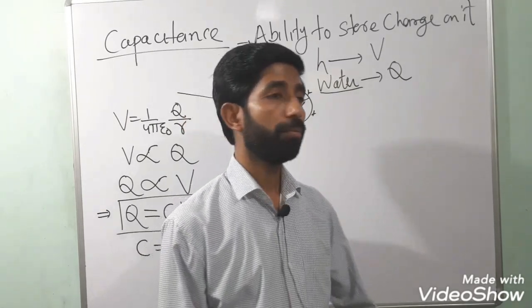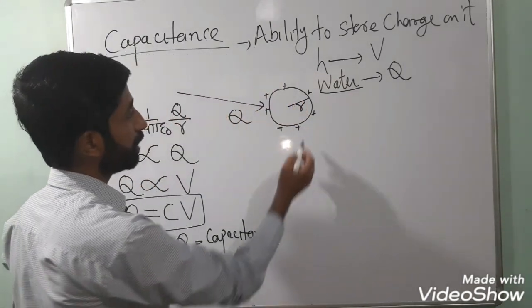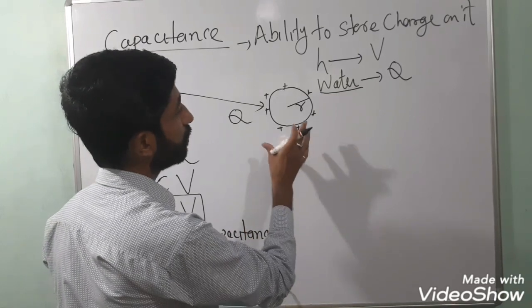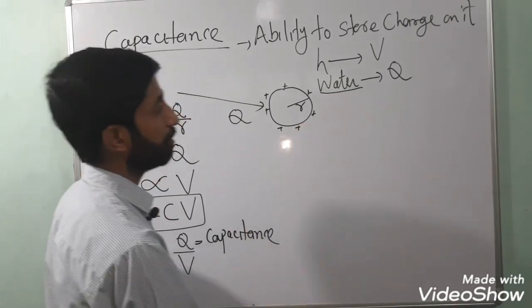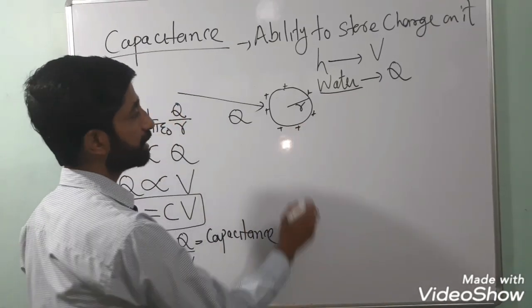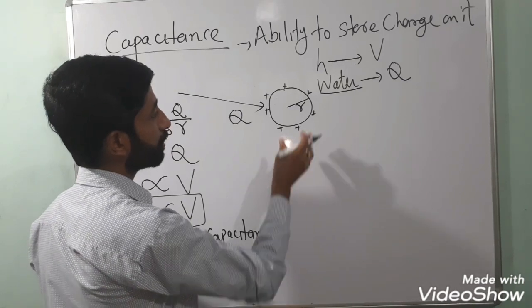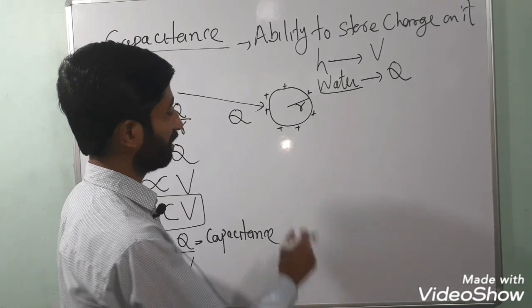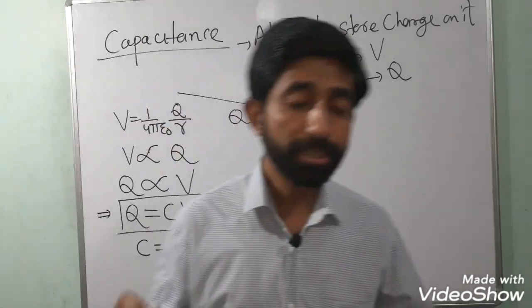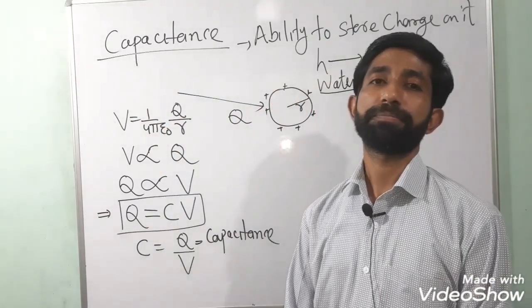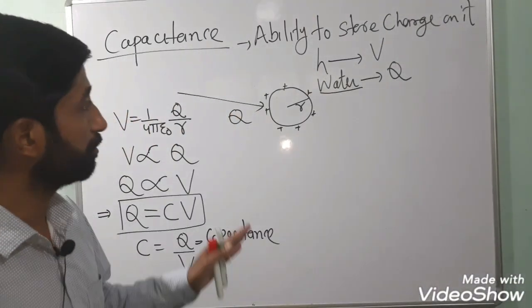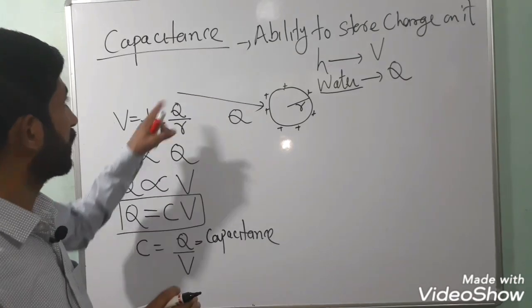At that position, it is said that the capacity is now full, and we cannot give it more charge. Now come to this formula. Hopefully you got some idea regarding capacitance.